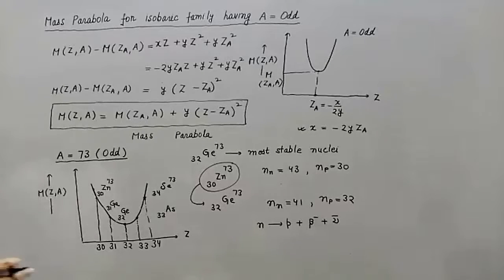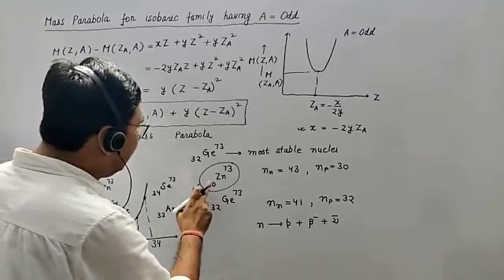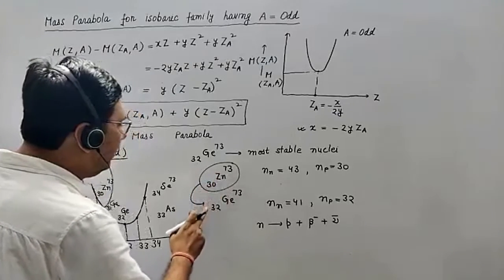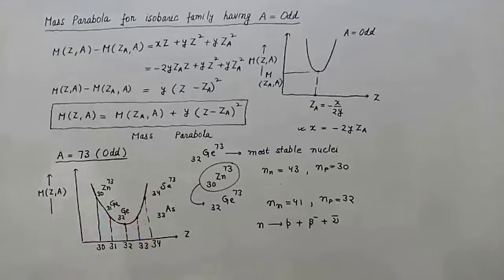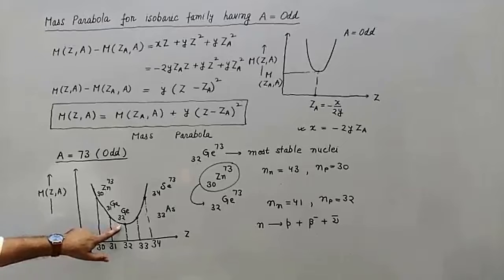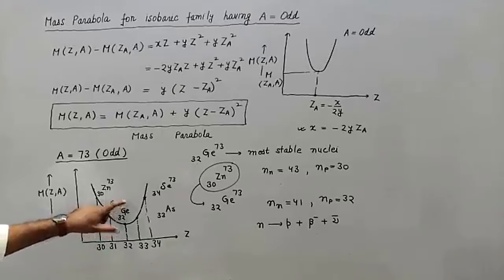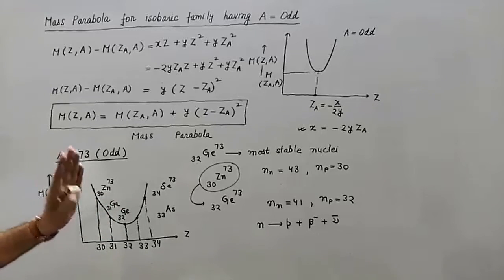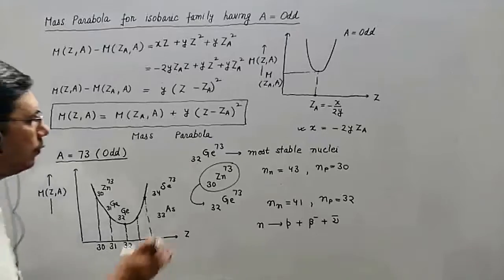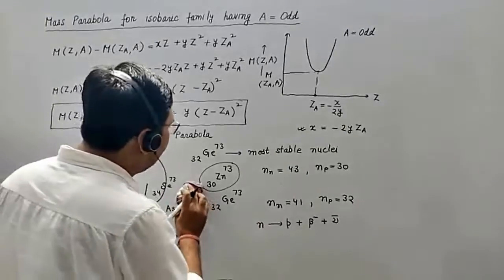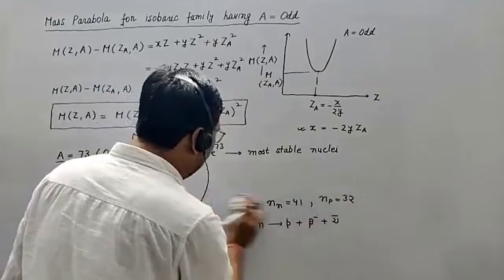So 30Zn73 can move towards the more stable configuration 32Ge if it converts its neutron into a proton by emitting a beta minus particle. So what will happen here?